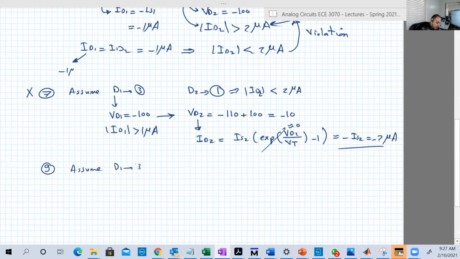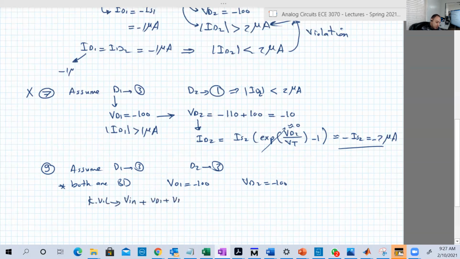Number 9 now, assuming that D1 in 3 and D2 is in 3 as well. Both are breakdown. That means that VD1 is equal to minus 100, VD2 equal to minus 100. And this is very easy to prove wrong, because from KVL, which is a fact, V input plus VD1 plus VD2 should be equal to 0.